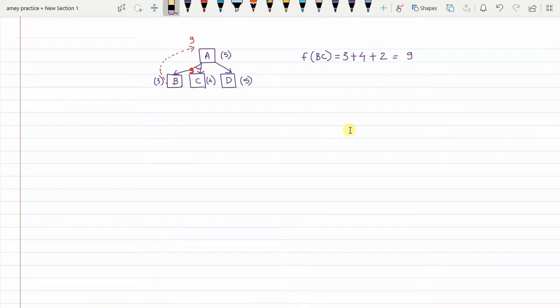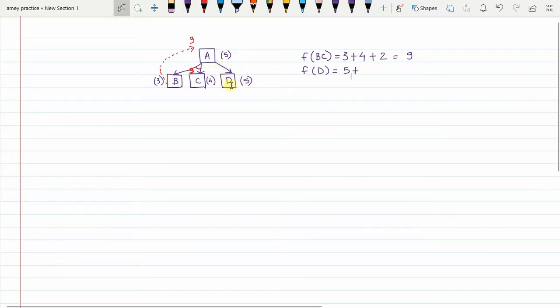Now let us check what happens for the node D. The heuristic value of node D is 5, right? Then F of node D will be 5 plus 1.